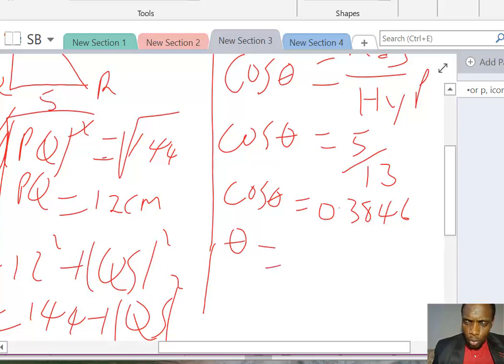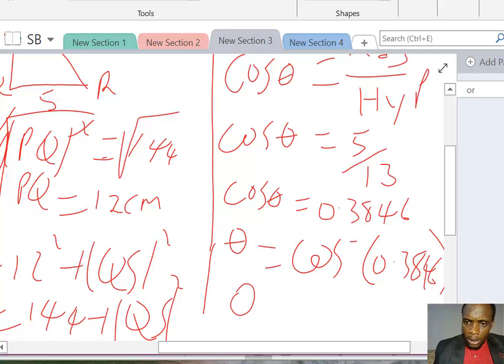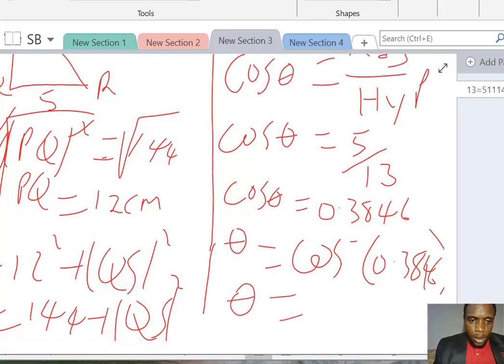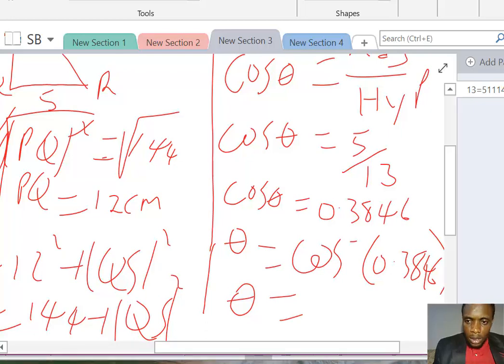So we find the inverse of cos theta. So theta will be equals to cos inverse 0.3846. So calculate that. Our theta will give us 67.4 degree or 67 degree to the nearest degree.